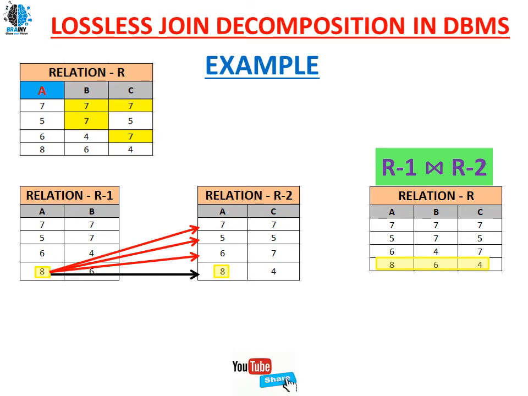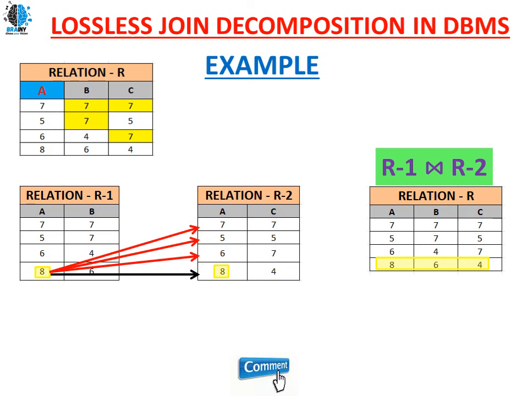So in natural join we should have the common columns, the column names should be the same, and the values should be the same. So this whole process that we have done is a natural join on relations R1 and R2. So in this way you can see the relation R created with the help of natural join is equal to the original relation R. So this decomposition is a lossless decomposition.